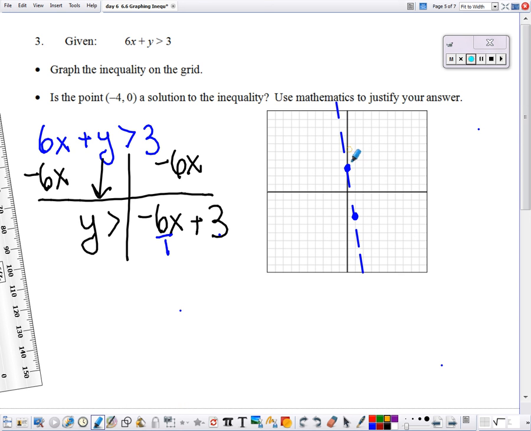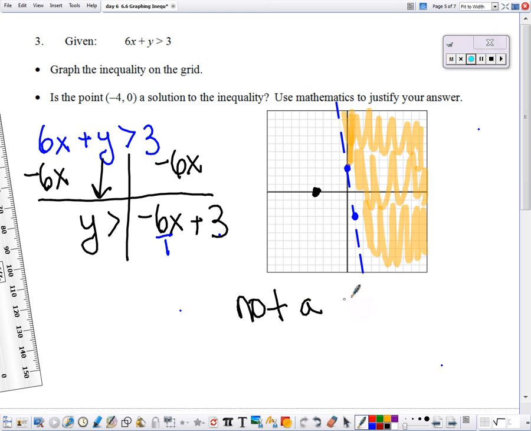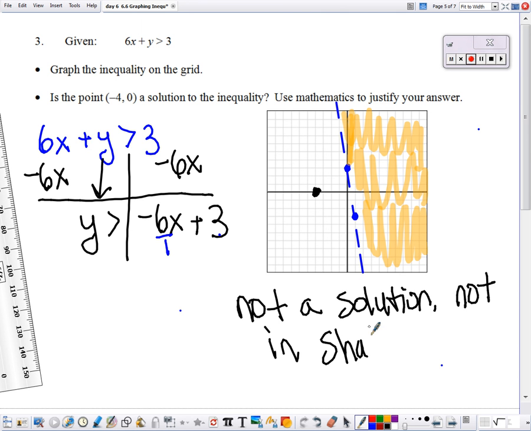So that means we color above the line. So see how if I'm right here, I go up. So that's everything over on this side. Negative 4, 0. Let's see, where is that? It's over here. Not a solution. Not in the shaded area.